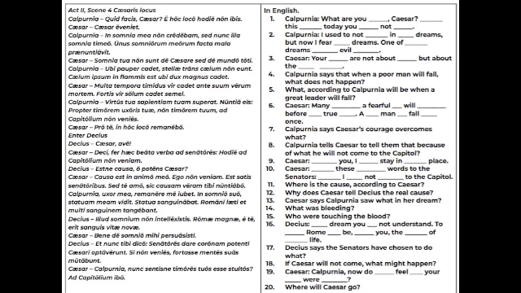Calpurnia, my wife, uxor mea, orders me to stay. In somnio suo, in her dream, she's still the subject here, statuam meam vidit, she saw my statue. Statua sanguinabat. The statue was bleeding.